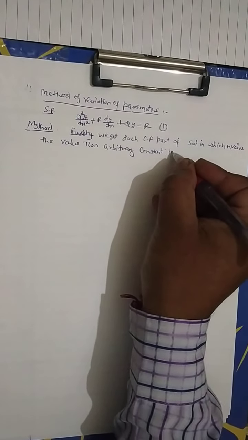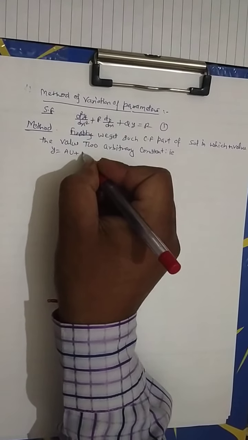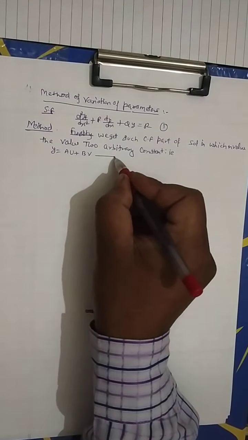That is, we can write y is equal to Au plus Bv as a complete solution.